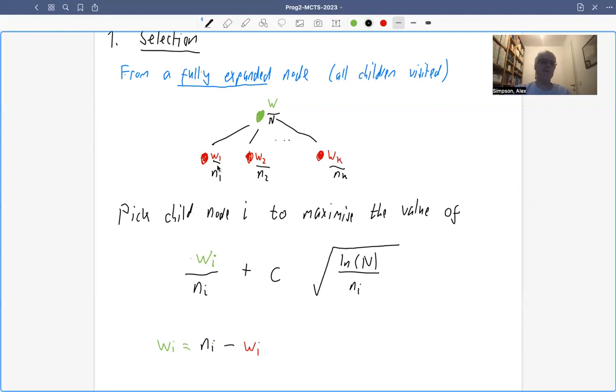So the green W1 is simply N1 minus the red W1, because all the games that red didn't win, green won. We don't have any draws in Capture Go, so that simple formula will do. If you do have draws, you might score them as a half for each player. So we calculate the number of green wins from the ith node by Ni minus the red Wi.